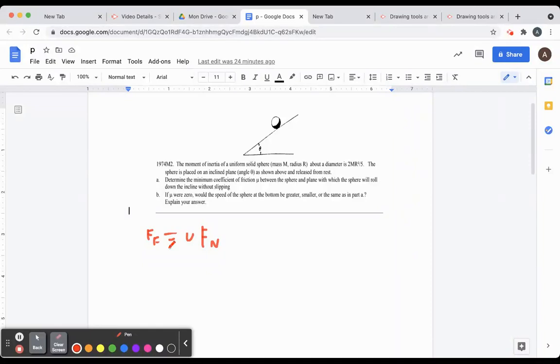And we know that the normal force is mg, and with the angle theta it will give us u mg cos theta.